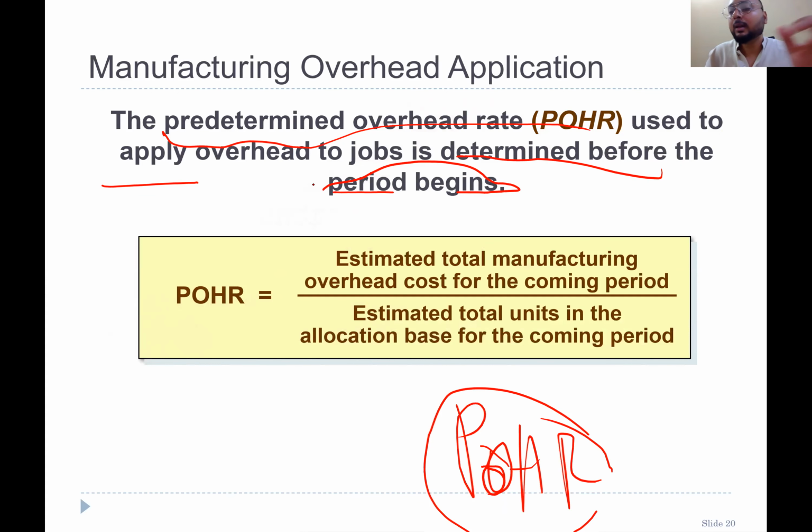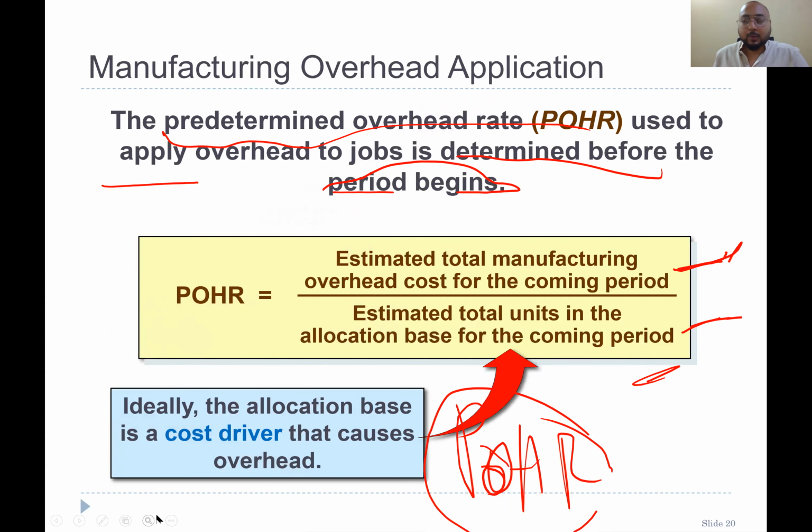So what is the formula? Estimated cost divided by estimated base, either the number of units, the number of direct labor hours, or the machine hours. It's like that. So that would be given to you, right? Ideally, this one would be the cost driver, which drives the cost. So I know it's a little bit dry, but when we go to the numerical examples, then it will be further clarification for you.